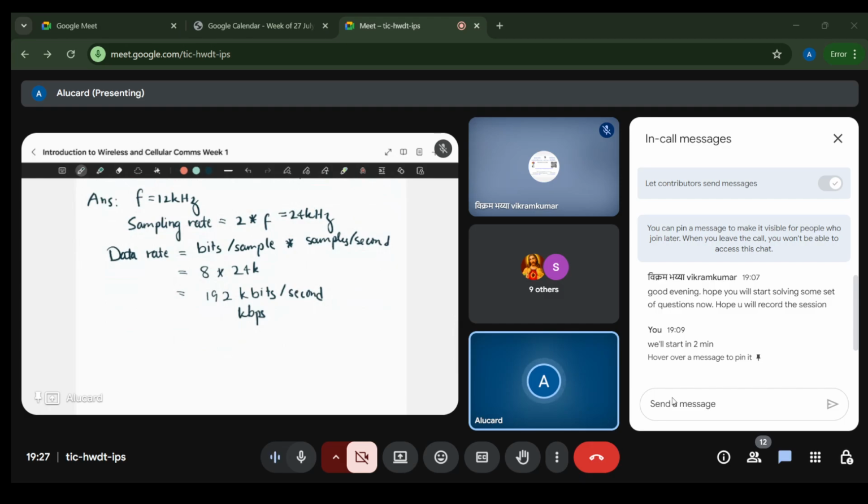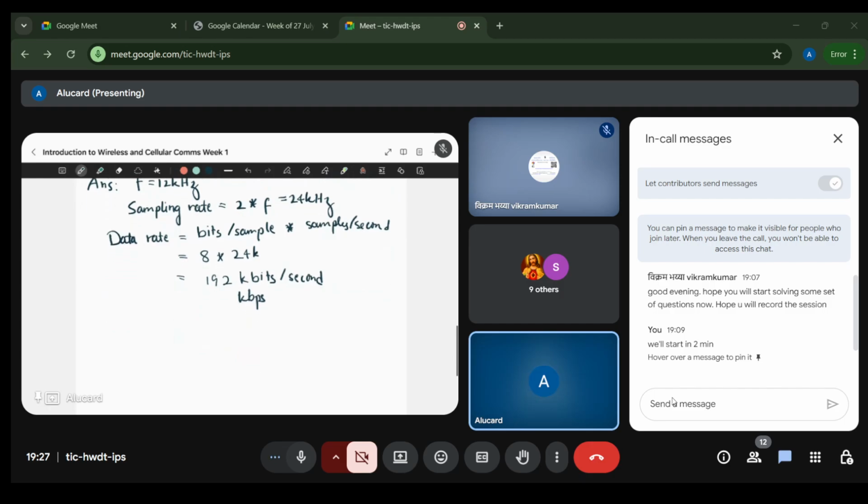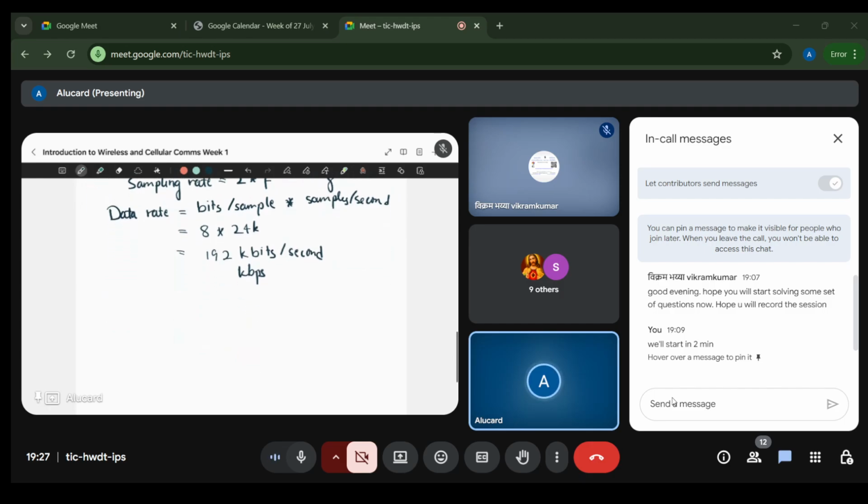Even if you don't really remember the exact concept, you can just look at the units and figure out the answer. Except that you should know that sampling rate is twice the Nyquist rate.